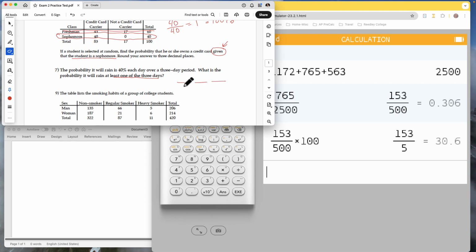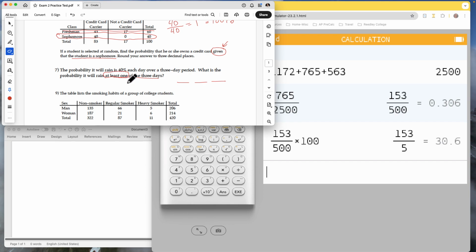And if it rains on only 1 day, you'd have to count all the different ways. It could rain on the first day, not the other 2. It could rain on the second one, but not the other 2. It could rain on the third day, but not the other 2. So there's a lot of things to count, but remember this important phrase, at least one.